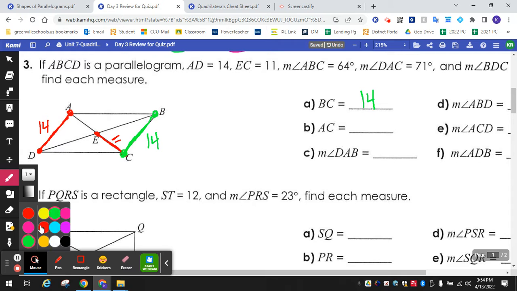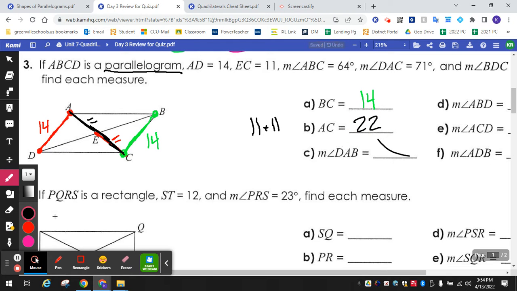For A to C, we need to make sure the diagonals bisect each other, and since it's a parallelogram, they do. So if this is 11, that's also 11, and 11 and 11 is 22. So those are your sides.